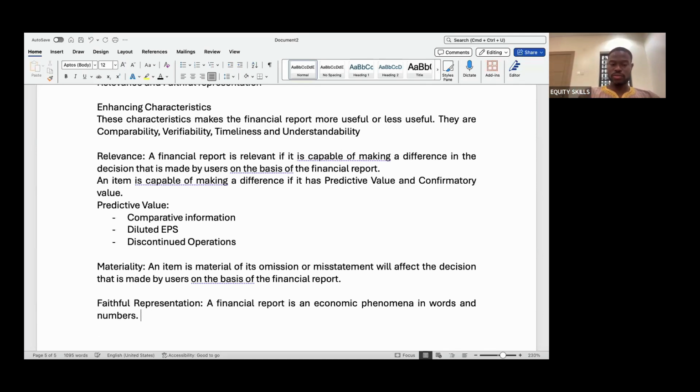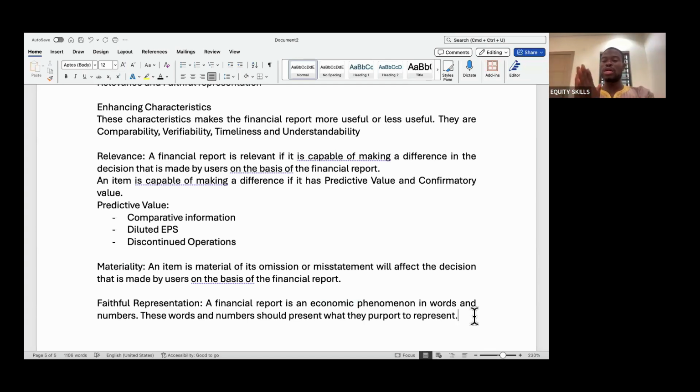So these words and numbers should present what they purport to represent. So whatever it is you are presenting is what you should present. Faithful representation.